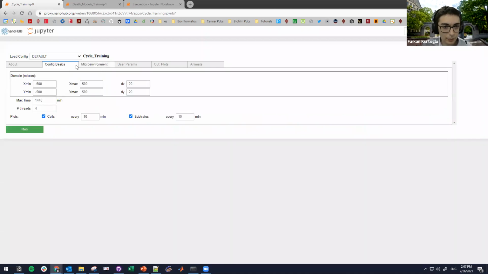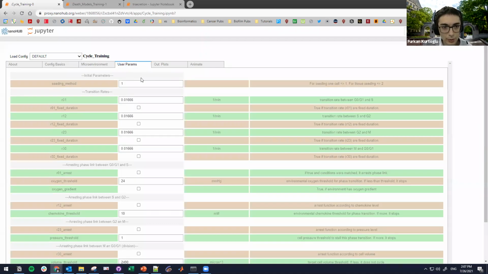So we have basics as normals. Here there are two different types of seeding method. The first one is seeding one cell, and the second one is seeding a blob of cells. And each transition rate can be defined.